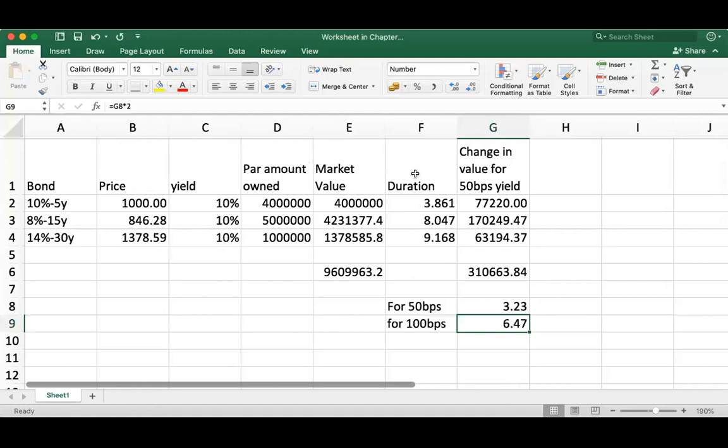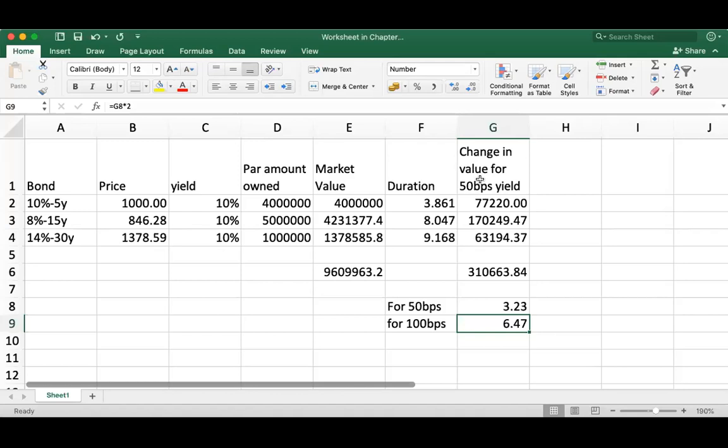So what I am doing now is assuming a change in value for a 50 basis point yield change. You have to make sure that in order to use this method, the yield on each of the bonds in the portfolio should change by the same percentage points. So I am considering a 50 BPS change in the yield.